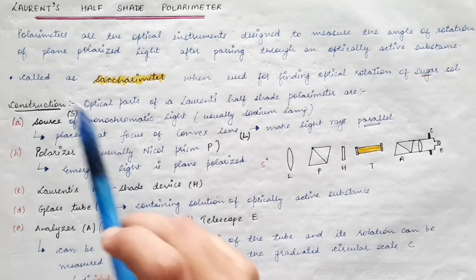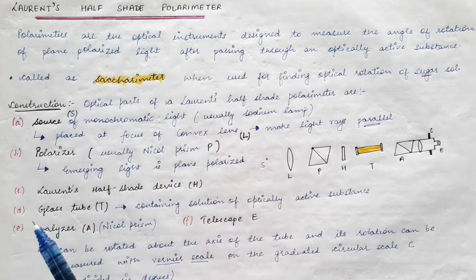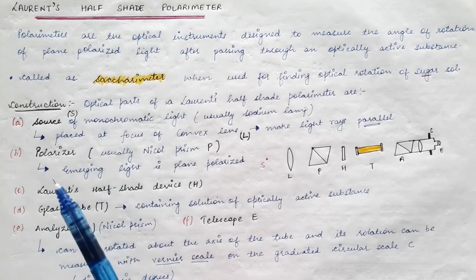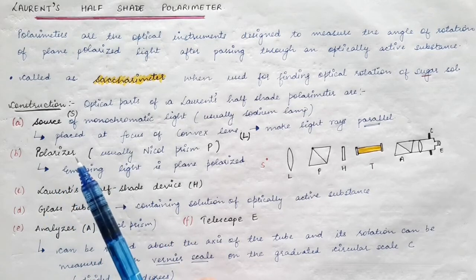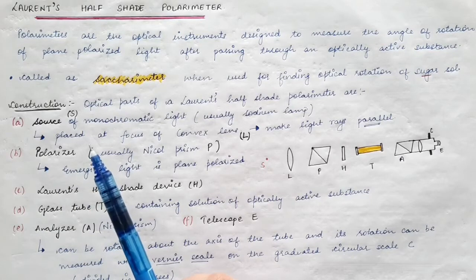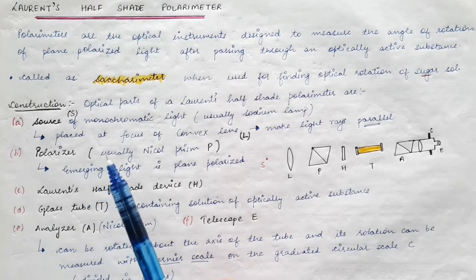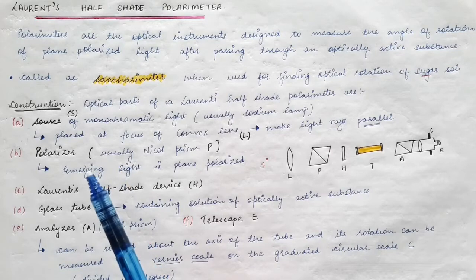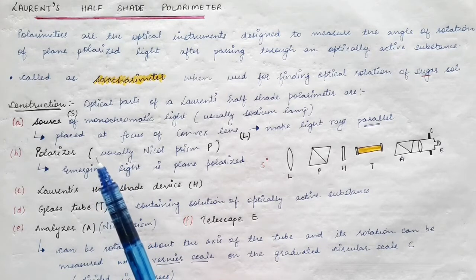The Lorentz half-shade polarimeter is an optical instrument used to measure the angle by which the plane of polarization gets rotated when plane polarized light passes through an optically active substance.